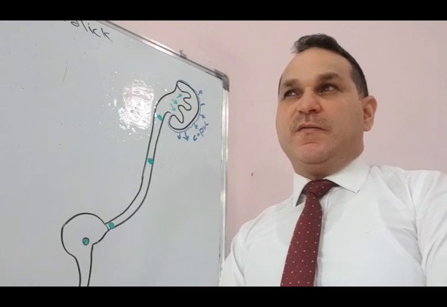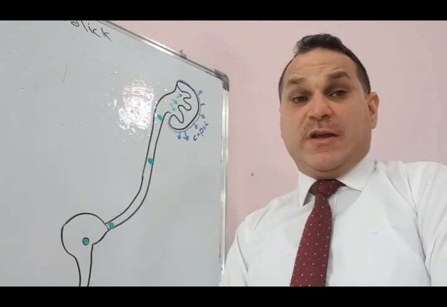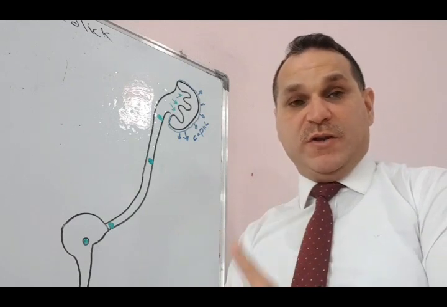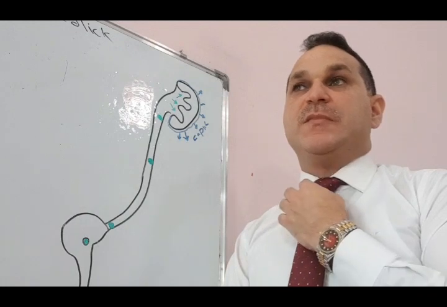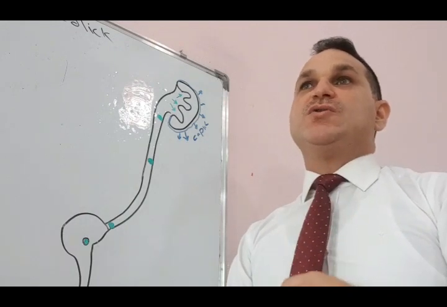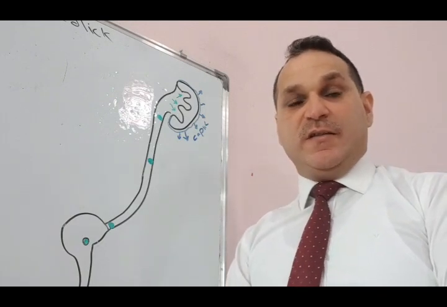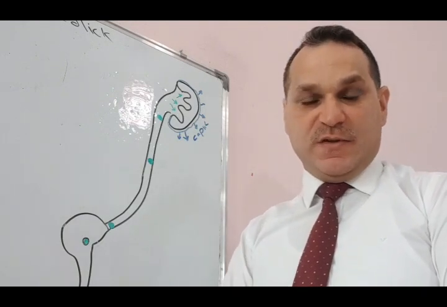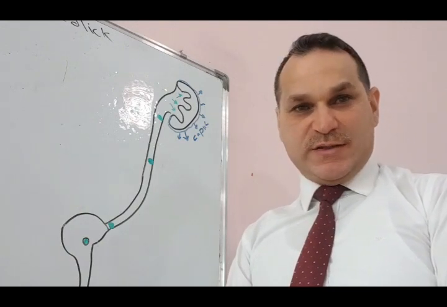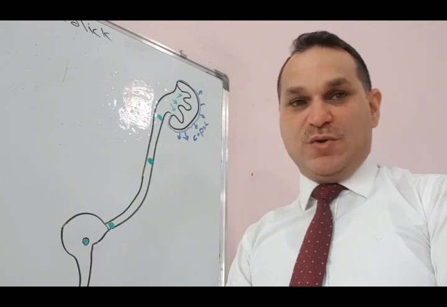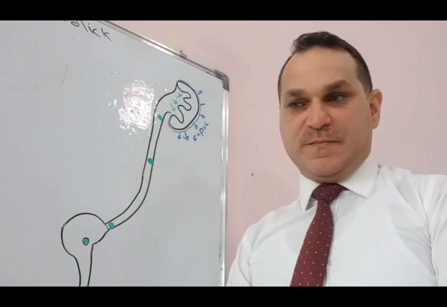If someone asks me for how long we can leave the stone in the ureter, most of the authors say that 2 weeks is sufficient for the stone to pass by itself down the ureter, or sometimes by expulsive therapy. But after the 2 weeks, probably the stone will not pass the ureter. So it's better to intervene.